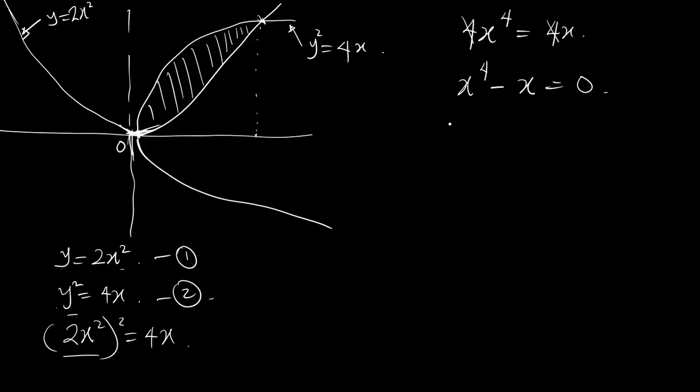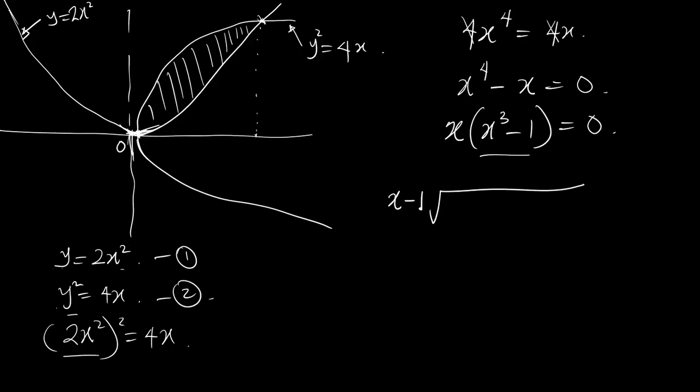Now let's factor this out. You have x times x to the power 3 minus 1 equal to 0. Now this x to the power 3 minus 1 can be further factorized. So what can factorize x cube minus 1? You have x minus 1. Let's use x minus 1 to divide x cube minus 1.